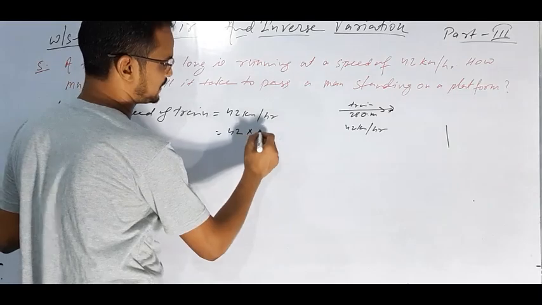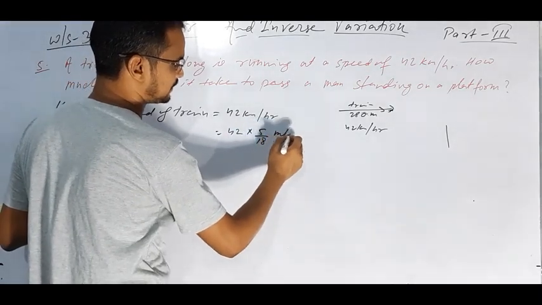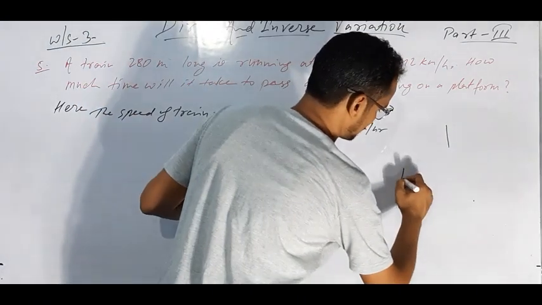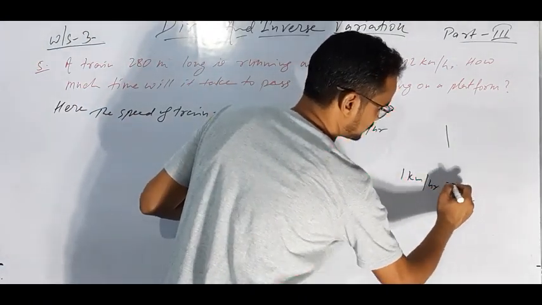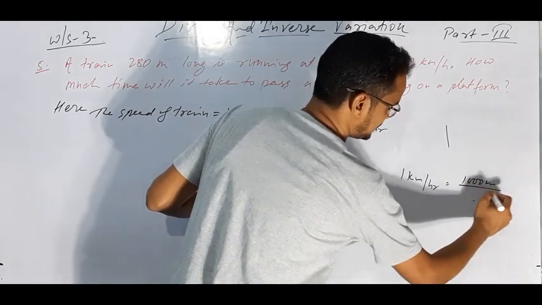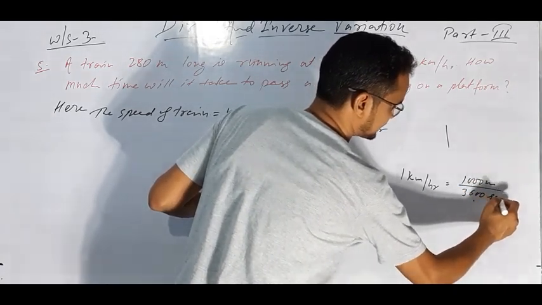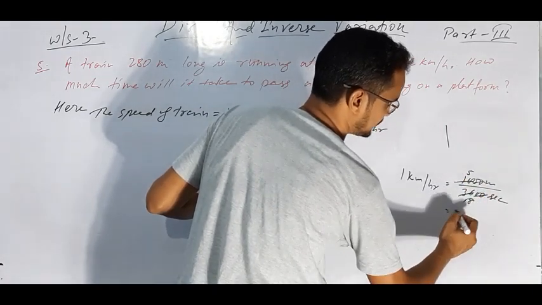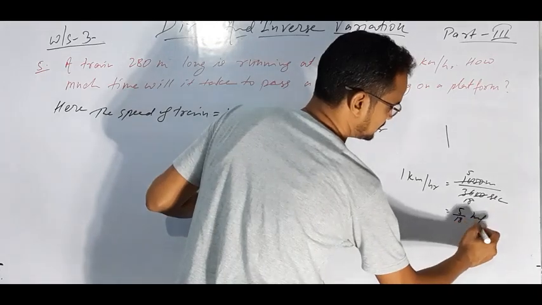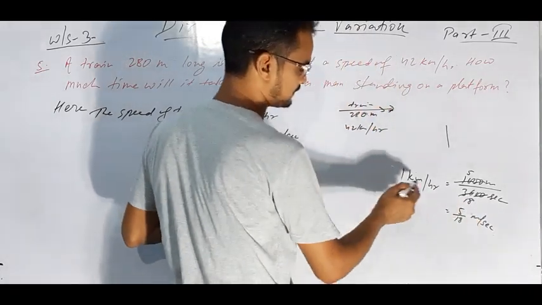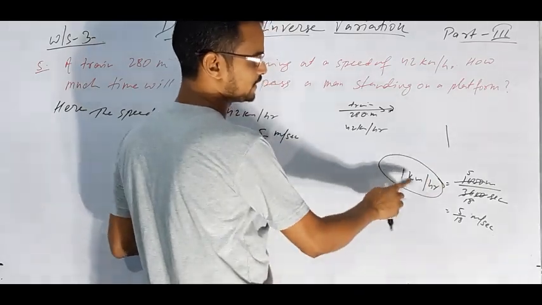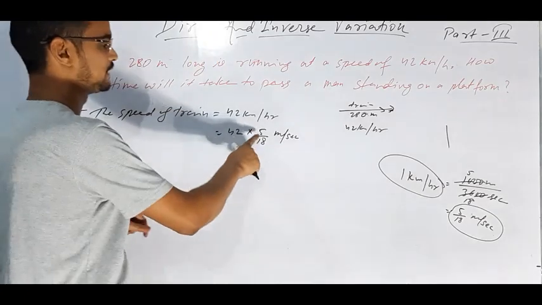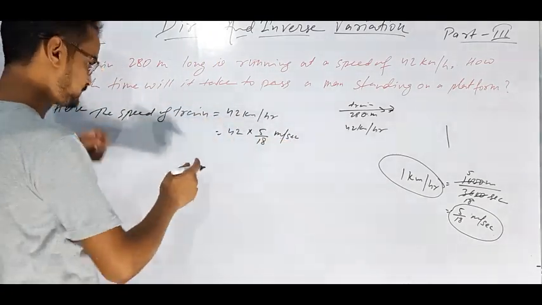This comes from this form, that 1 kilometer per hour is equal to 1000 meter by 3600 seconds. These 2 zeros are cancelled. 5 2s are 10, 36 2s are 18, 5 by 18 meter per second. Similarly, when we have to convert 1 kilometer per hour in meter per second, we will multiply directly 5 by 18 meter per second. Clear?